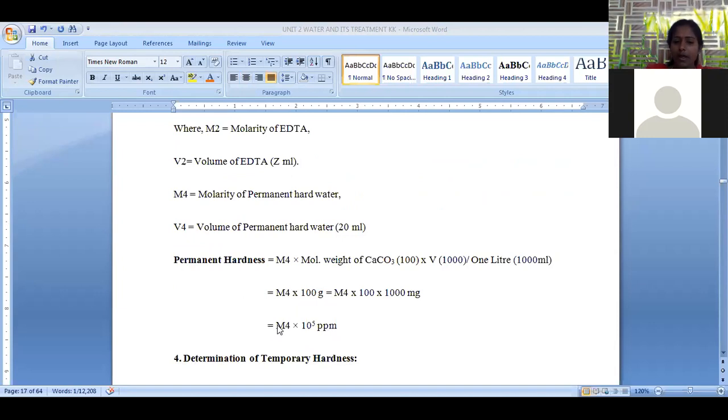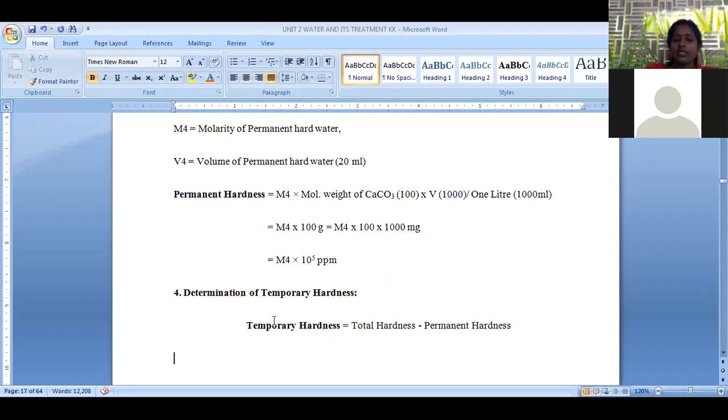Simply we can multiply M4, nothing but molarity of permanent hardness, with this 10 to the power of 5 factor, so that it is converted into weight of permanent hardness in ppm. Now, total hardness is known, and permanent hardness is also known. Then temporary hardness is equal to total hardness minus permanent. So it is possible to calculate temporary hardness in terms of ppm because these values are already in ppm.